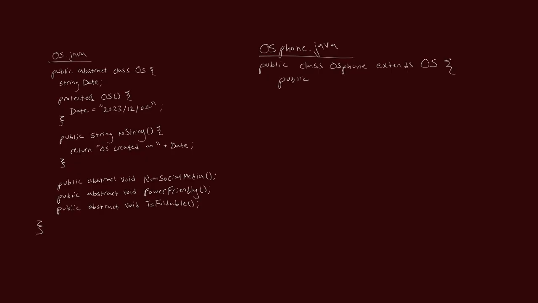So we'll do public int socialMediaApps. Okay, then we'll do, hold on, let me write the int properly. There we go. Then we do public int isPowerFriendly, and then we do public boolean.